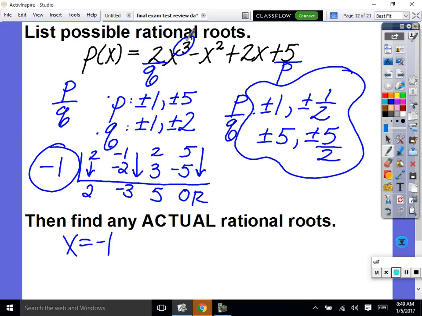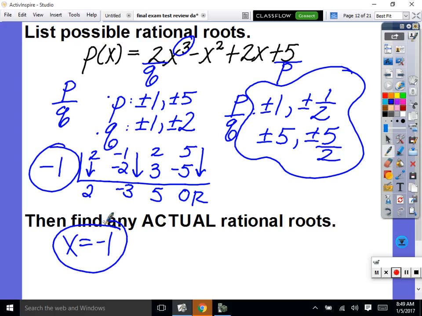The only rational root is one of these values. It only crossed the x-axis one time, right? So it was at -1. It says find any actual rational root. So this is the only rational root, but there are 2 more roots, correct?